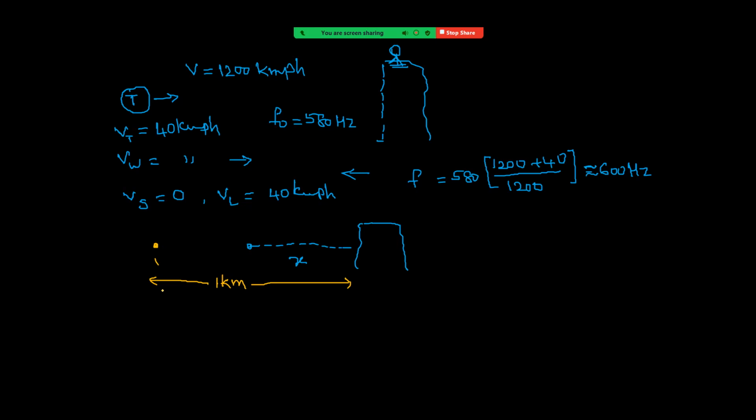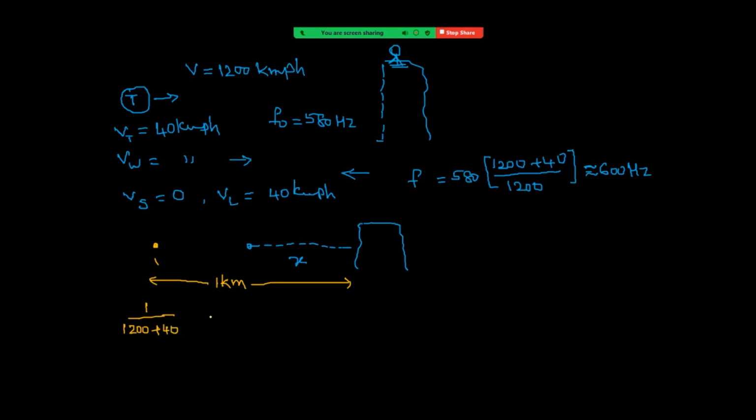So time taken by sound while traveling 1 km is 1 km by velocity, where velocity of sound is 1200 plus 40. This is the velocity of sound in the ground frame.